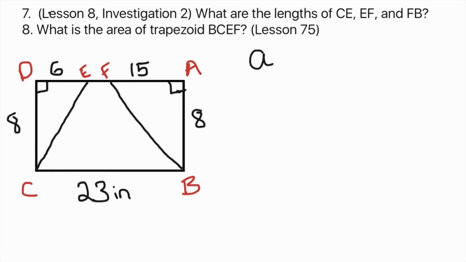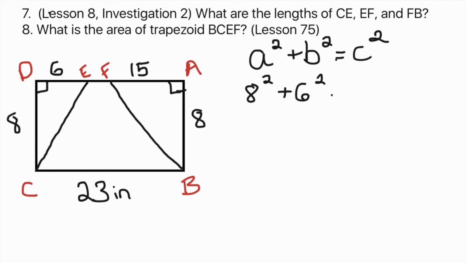And we can easily do that by using the Pythagorean Theorem. The Pythagorean Theorem is a squared plus b squared equals c squared, where a and b are the legs of the right triangle and c is the hypotenuse. Now, it doesn't matter which leg you put in for a or which one you put in for b. You can put them in either one you want. I'm going to start with 8 squared plus 6 squared equals c squared.